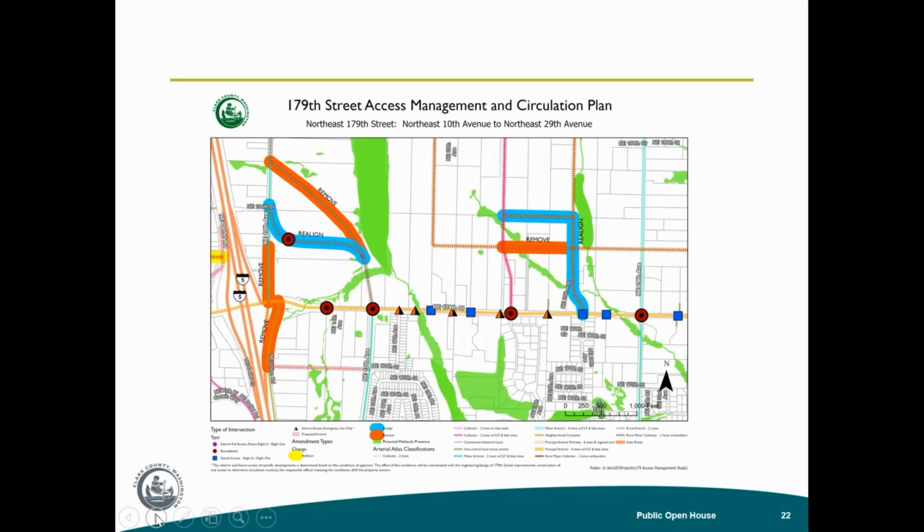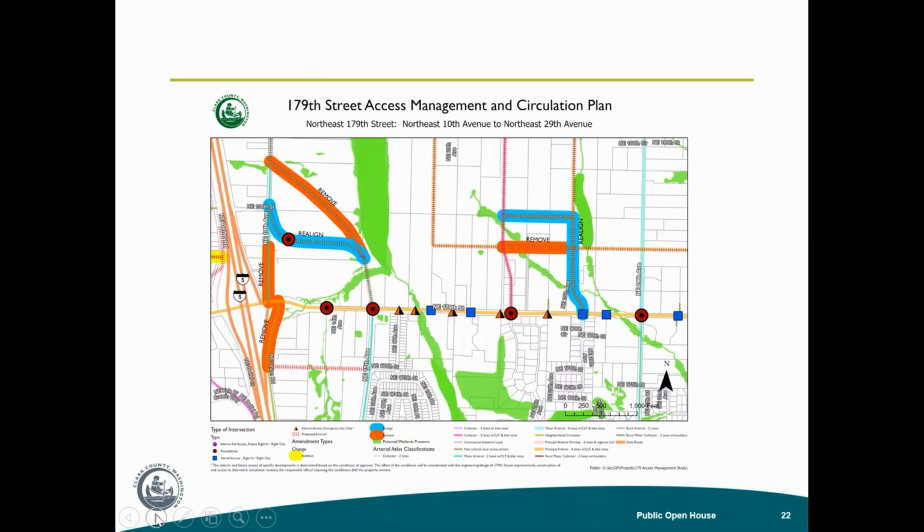We will realign the future extension of 15th Avenue to what it has been refined in its design to, with roundabout locations at approximately 12th Avenue and 15th Avenue. The roundabout location at 12th Avenue is important to serve a large commercial development on the south side of 179th Street.